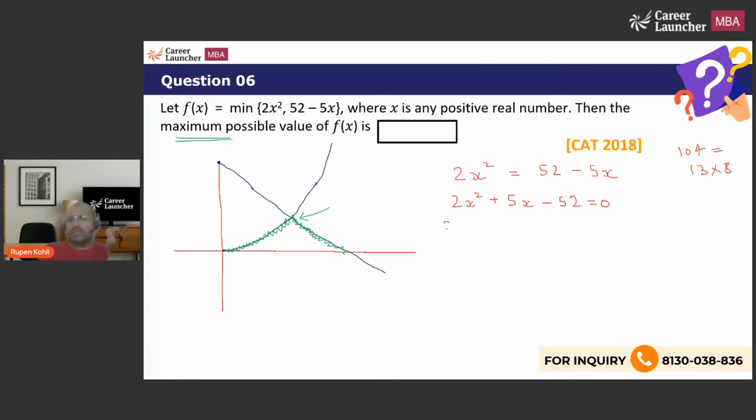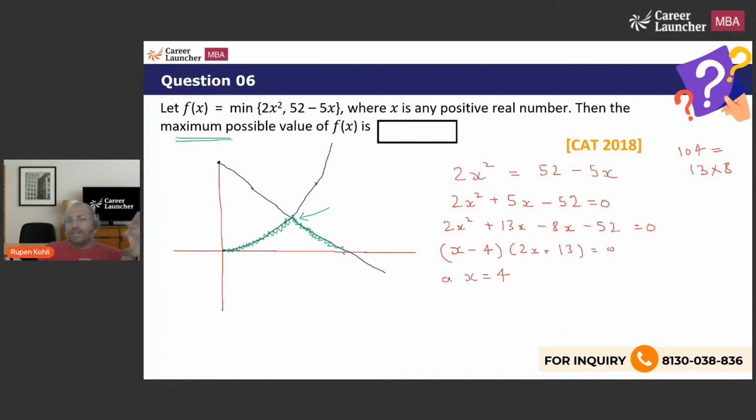So the factorization becomes 2x square plus 13x minus 8x minus 52. So this factorizes as: here I'll take x common, here I'll take minus 4 common. (x minus 4) into (2x plus 13) is 0, right? So x is either 4 or minus 13 by 2. We'll reject minus 13 by 2 because we are only looking for positive values.